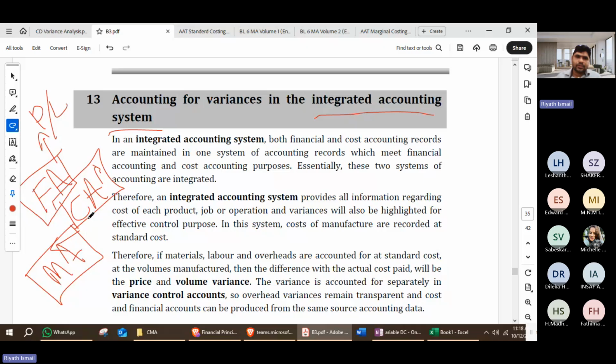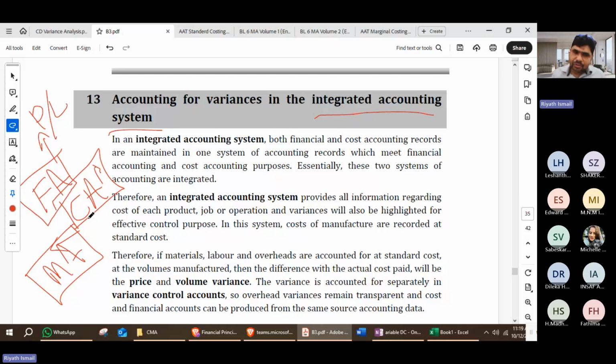These three accountants normally work in a different setup, different fields of specialization. But now a new system has been introduced, right? Most importantly, the financial accountant keeps separate books of accounts, and they have a double entry system.